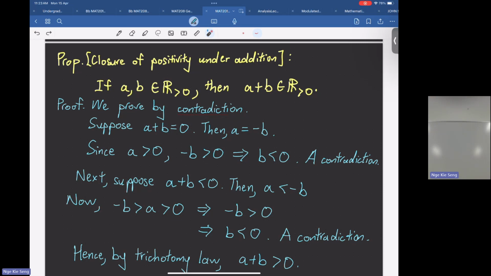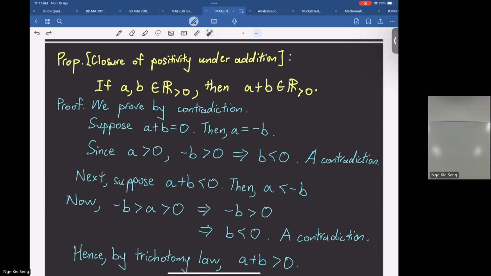A equals minus B. So since A is greater than 0, minus B is also greater than 0. But the previous proposition says what? If I multiply by minus, I will swap the inequality. B is less than 0. But I started with B greater than 0. Contradiction. So A plus B cannot be 0.